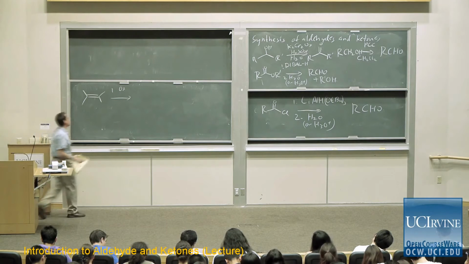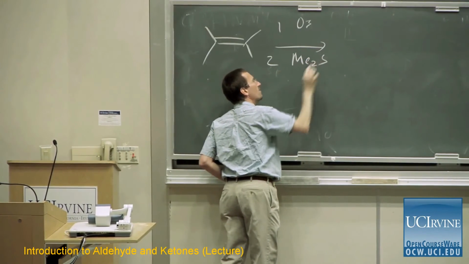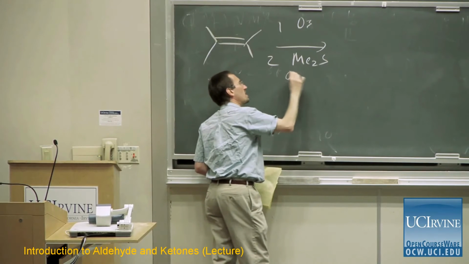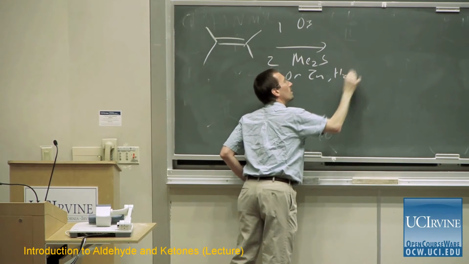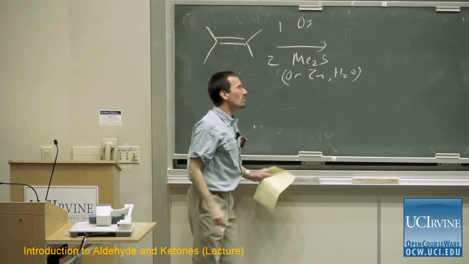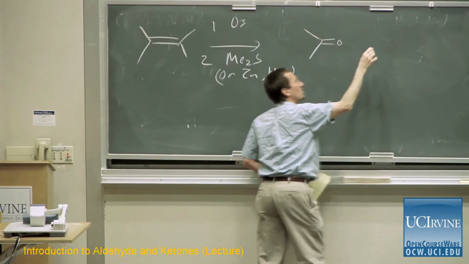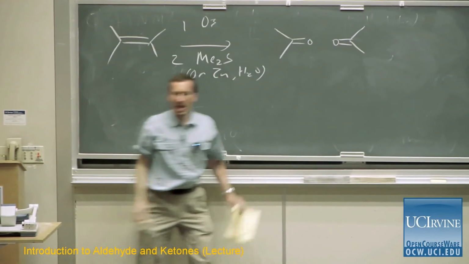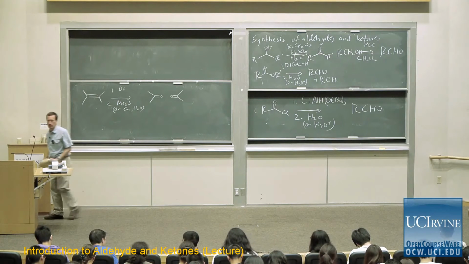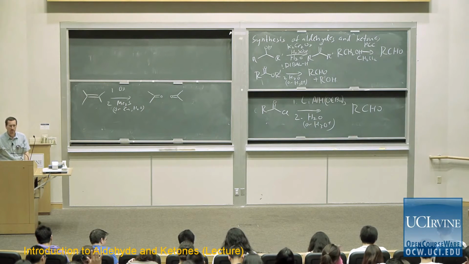And then you can reduce the resulting ozonide with dimethyl sulfide, Me2S, or zinc and water. You cleave, hence the lysis, your alkene into 2 carbonyl halves, 2 ketones or 2 aldehydes, or a ketone and an aldehyde depending on what substituents you have on your carbonyl group.